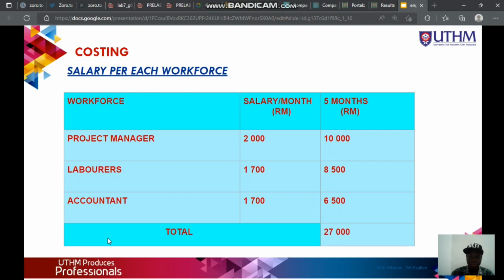The calculation for 5 months: the project manager has 10,000 ringgit, while the laborer has 8,500 ringgit in 5 months, as well as the accountant.